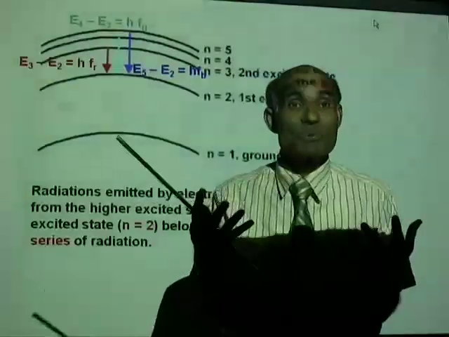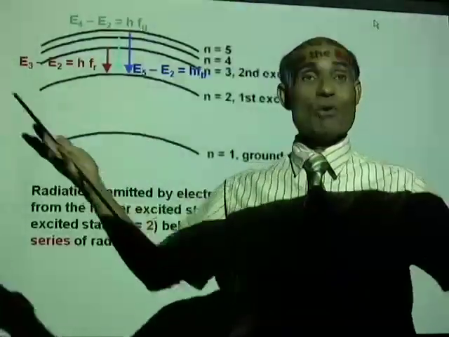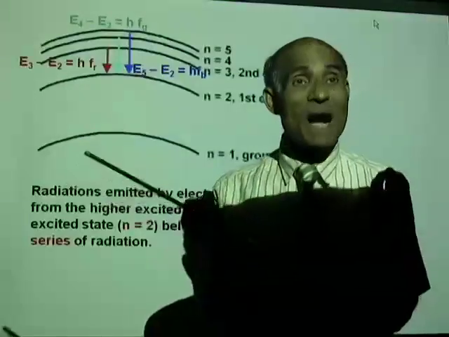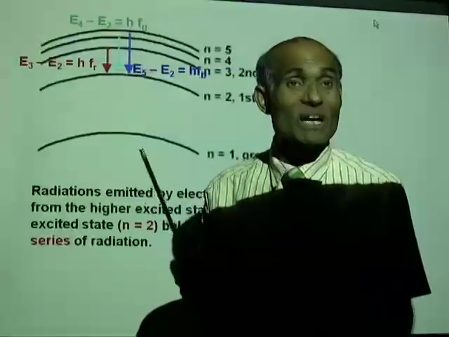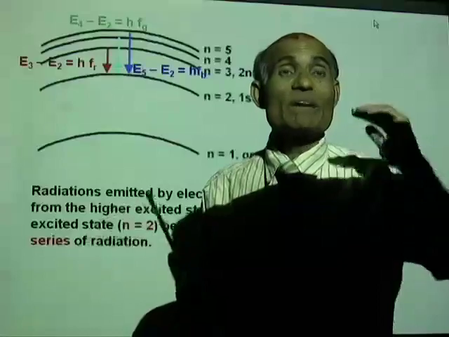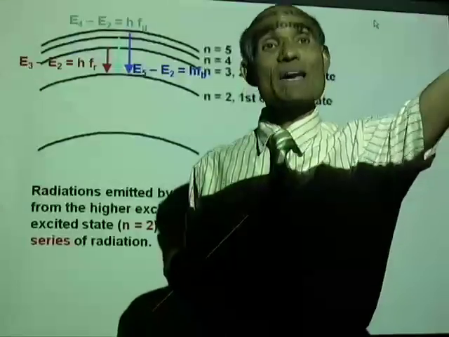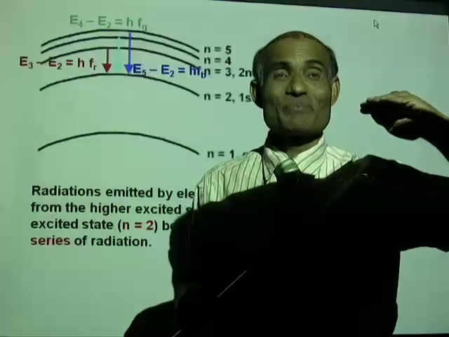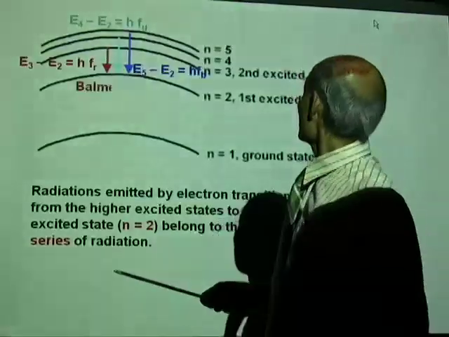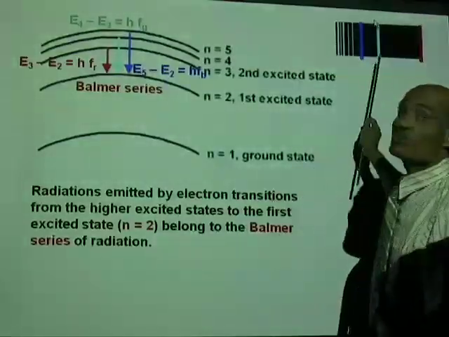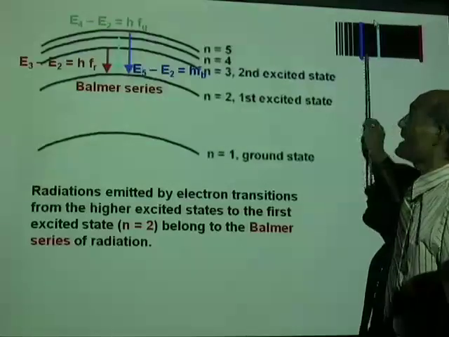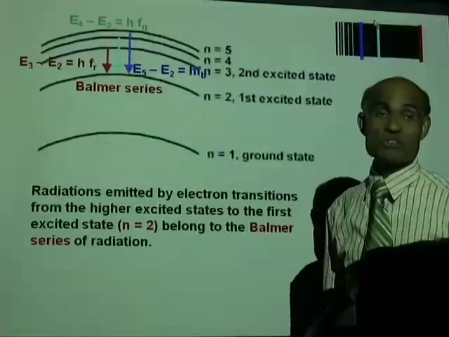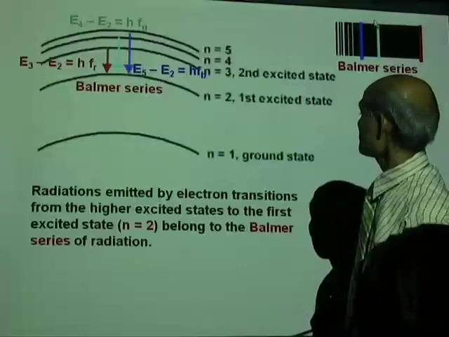In fact, the visible light that we have all around us is the Balmer series. The visible light is emitted when electrons jump from higher excited states to n equal to 2. And the Balmer series is this that we have, which I started by showing you.